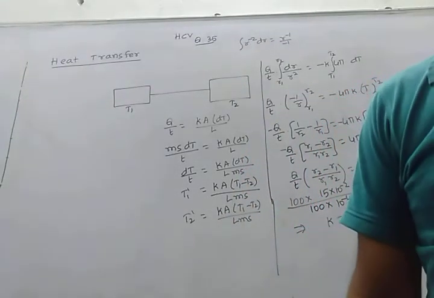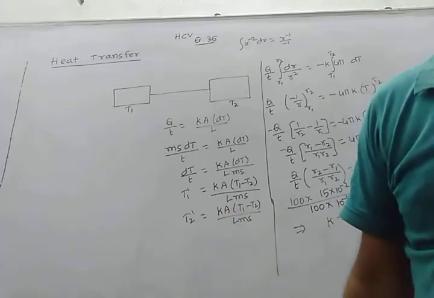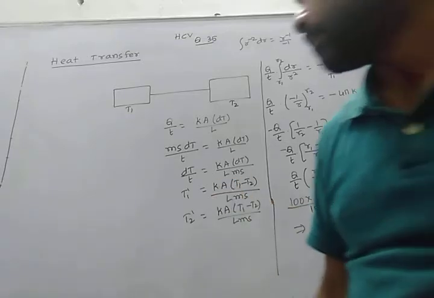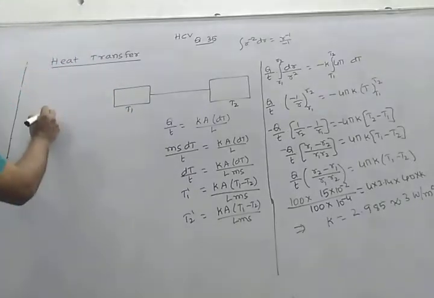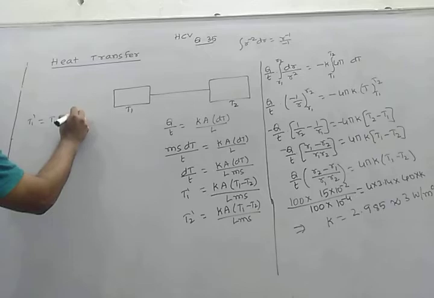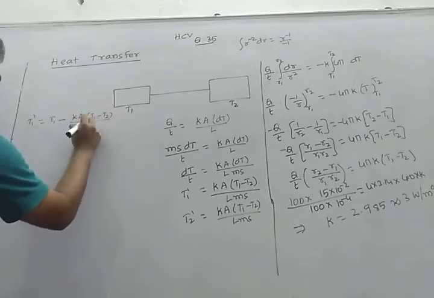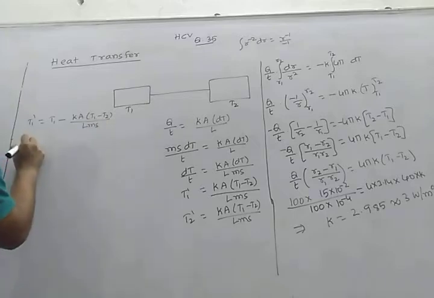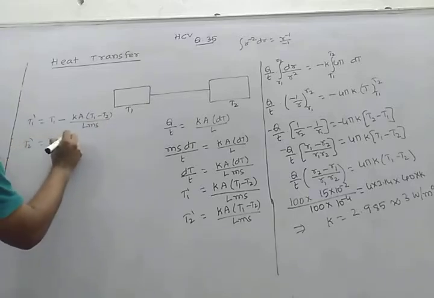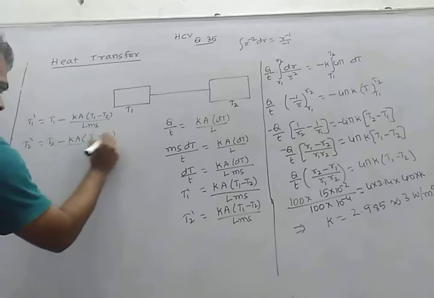Initially we have a temperature T1, and the rise in temperature gives T1 dash is equal to T1 minus Ka into T1 minus T2 by Lms, and T2 dash is equal to T2 minus K into T1 minus T2 by Lms.